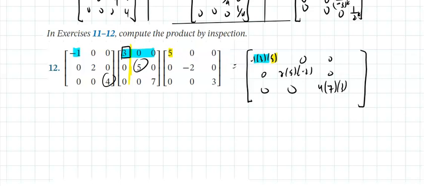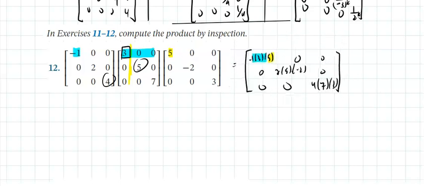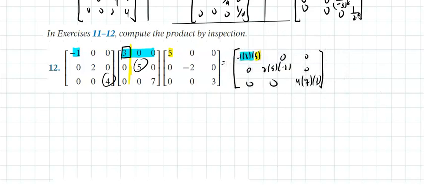And that turns out to be negative 15, 0, 0, 0, 0, and 10, negative 20, and 12 times 7. 12 times 7 is 84. There.